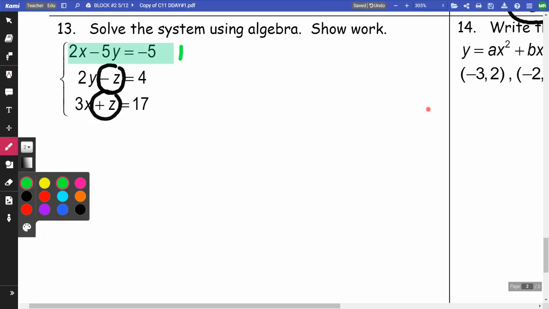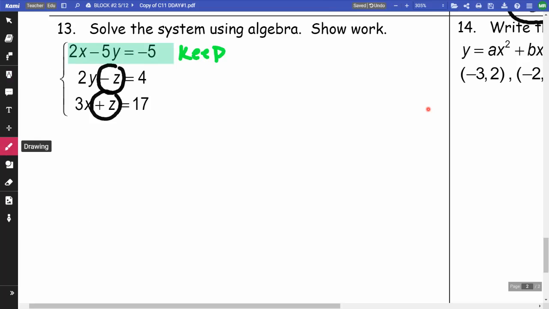And then what I'm going to try to do is, with these two, eliminate z. And when I do, I'm going to be left with something that has x's and y's.